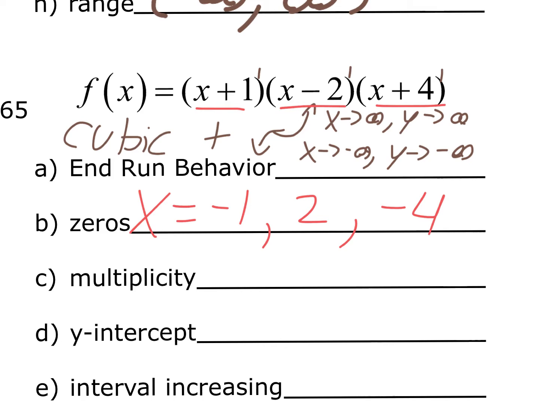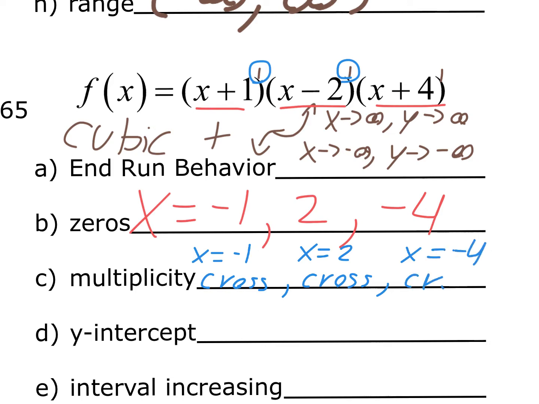Multiplicity. At x equals -1, we're going to have a cross because of that one exponent. At x equals 2, we're going to have another cross because once more we have that odd exponent. And at x equals -4, we're going to have yet another cross.